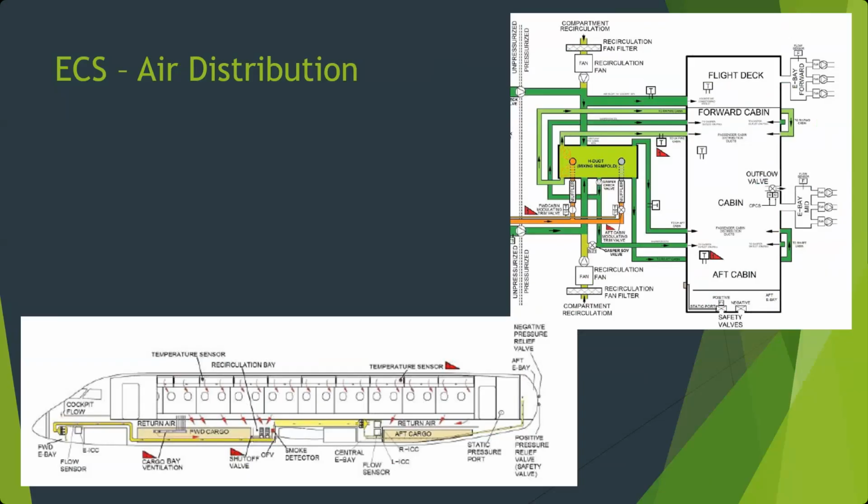And then again, our outflow valves right here at the very back of the plane. Does this one have a second set of outflow valves? I thought it did, but maybe not. I'm thinking of a different plane. No, this just has the rear outflow valve. Bigger planes will sometimes have another outflow valve further forward on them.